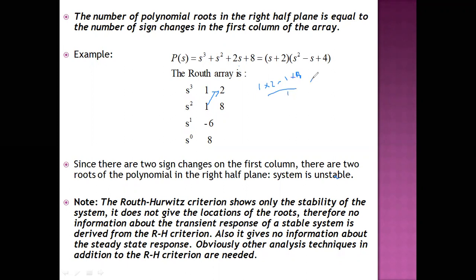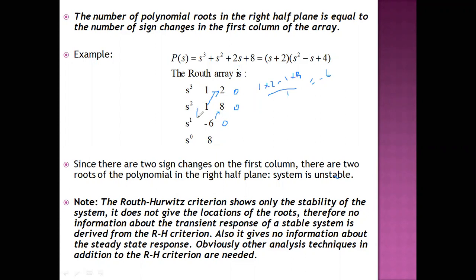So we'll get minus 6. Here the remaining columns are 0, so the s power 1 element will be only minus 6, and the next will be 0. Then multiply minus 6 into 8 minus 0, divided by minus 6. So we'll get 8.